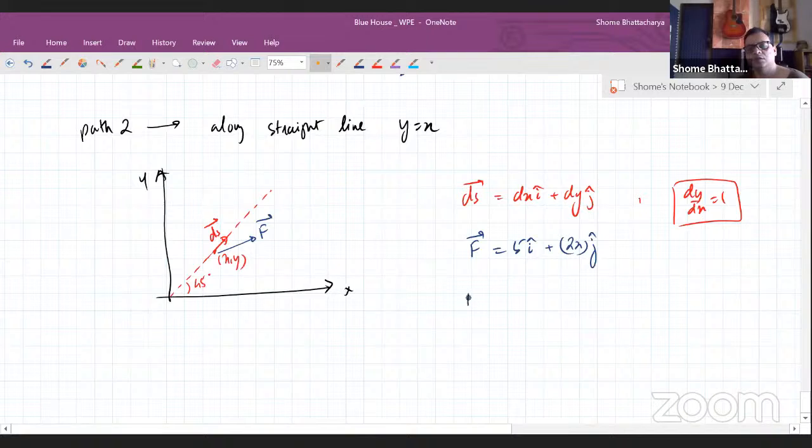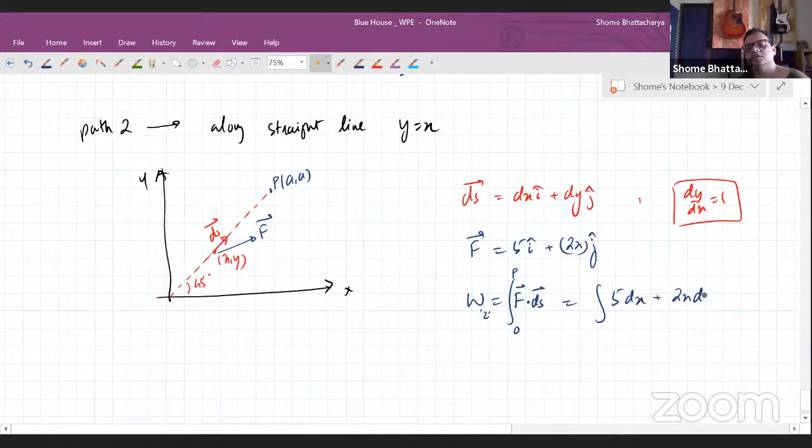So the work done in path 2 is this. It becomes 5 dx plus 2x dy from 0 comma 0 to a comma a.